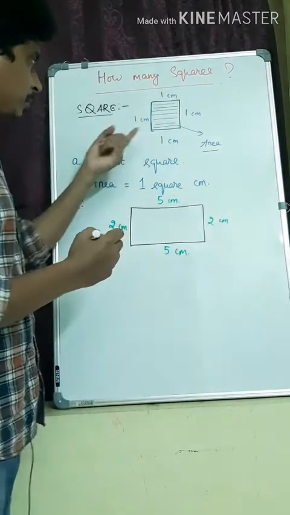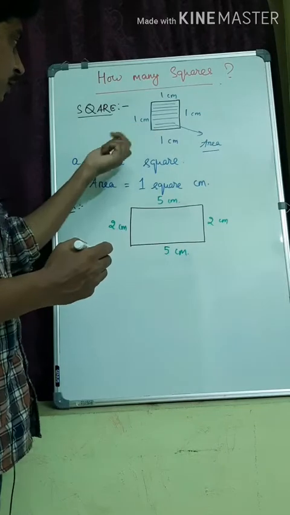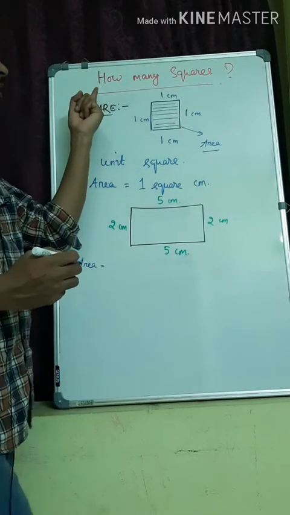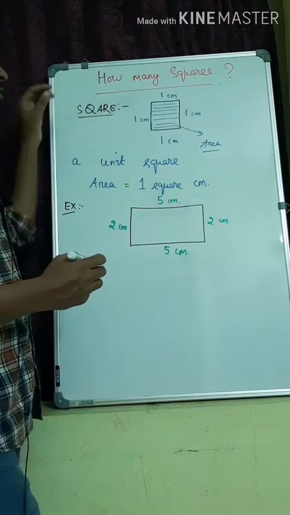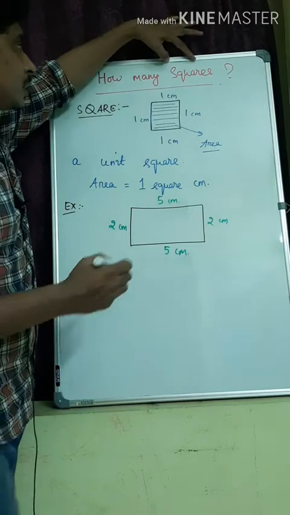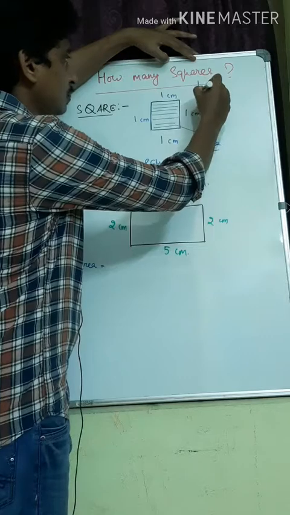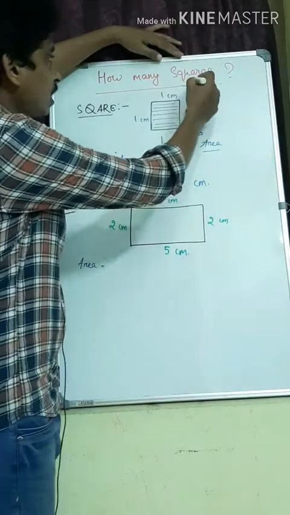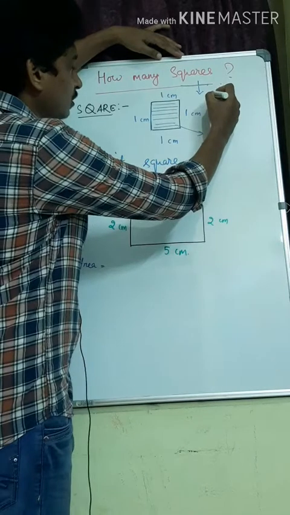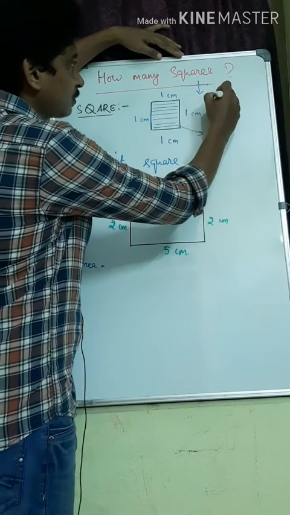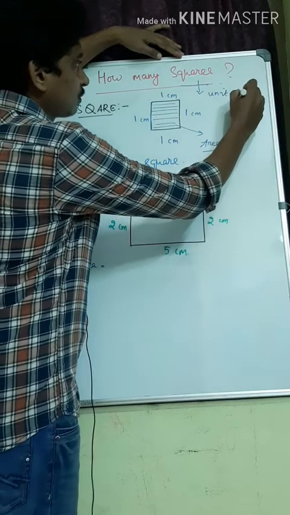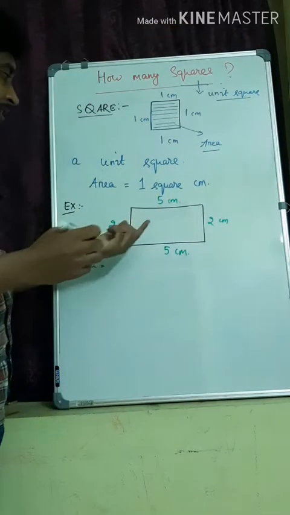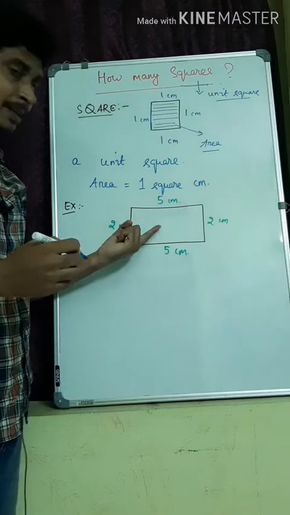So let us see how many unit squares are there. Our topic is how many squares. This is the basic unit of measurement of area. So this is the unit square. How many unit squares are there in this rectangle?